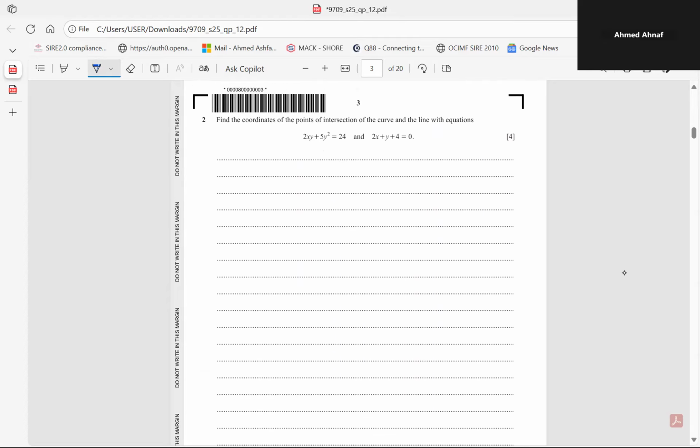Okay, so here we're going to have to find the coordinates of the points of intersection of the curve and the line with equations this and this. Okay, so in order to find the points of intersection, we're going to have to solve these equations simultaneously.